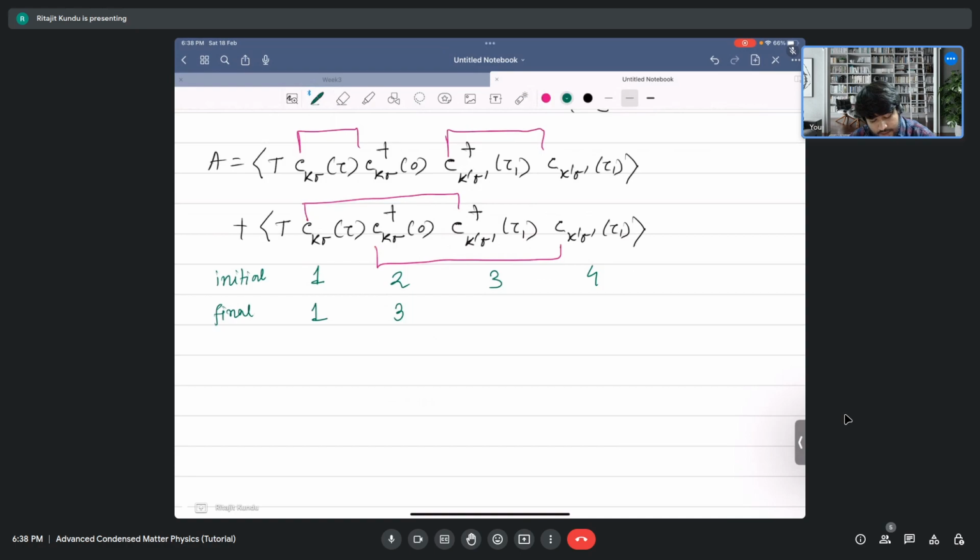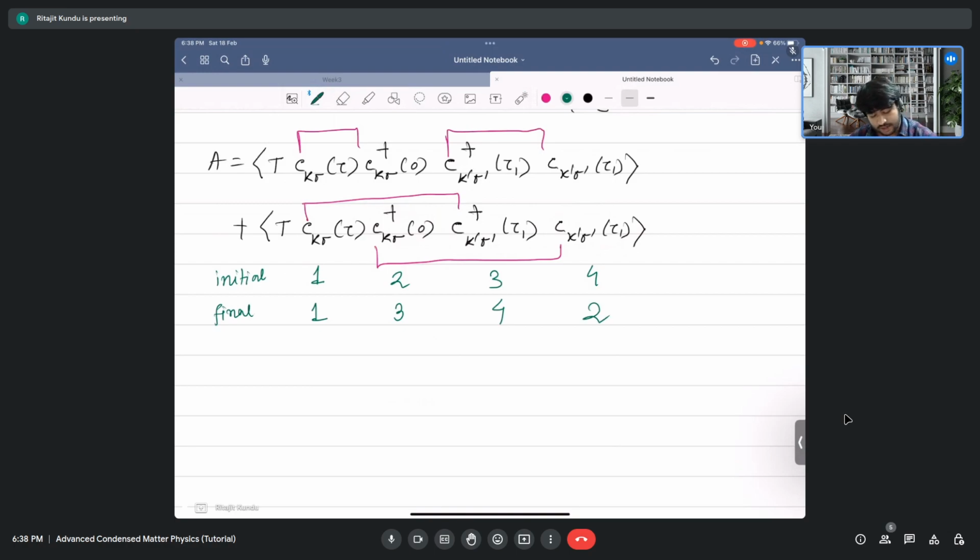Then I have 2 and 4, but this is not a Green's function, so I'll have to flip it so that undagger comes first and then the dagger. So I'll put the 4 here, and then 2. Is that fine?